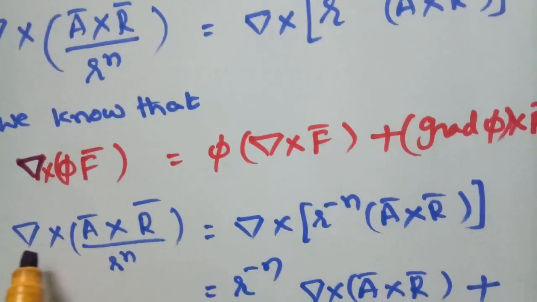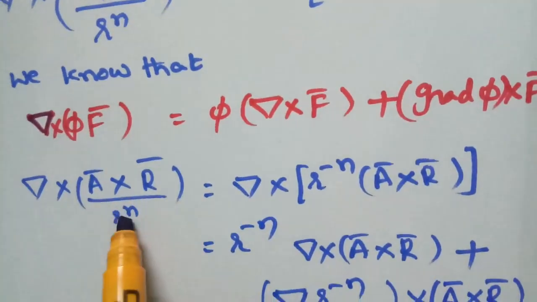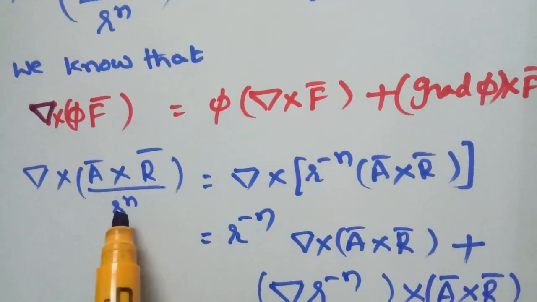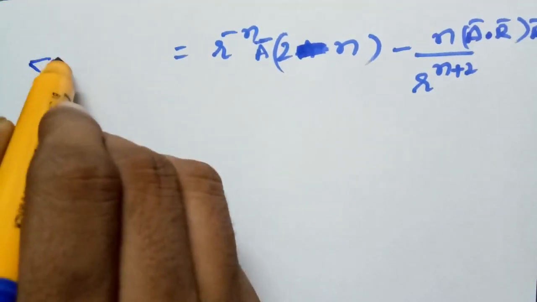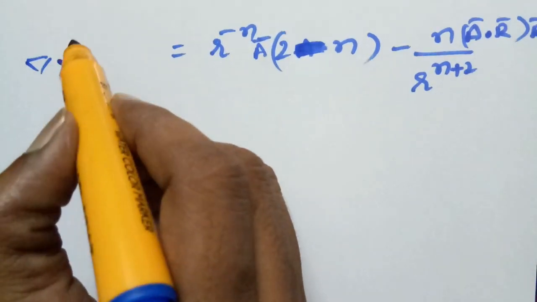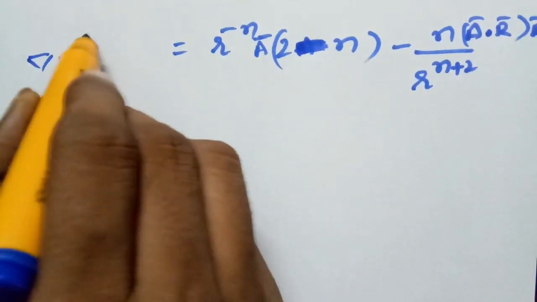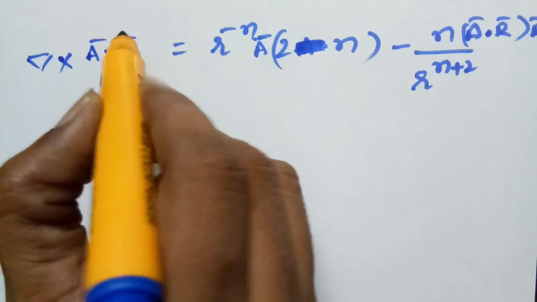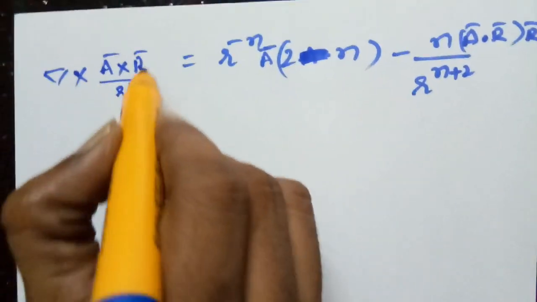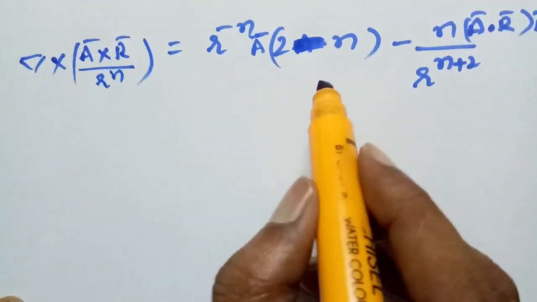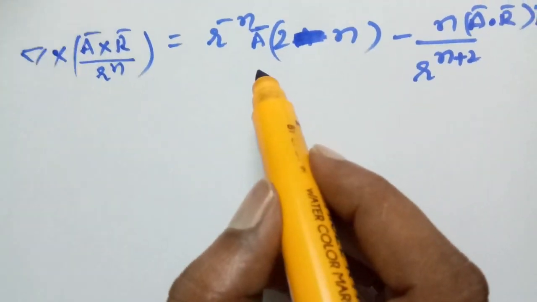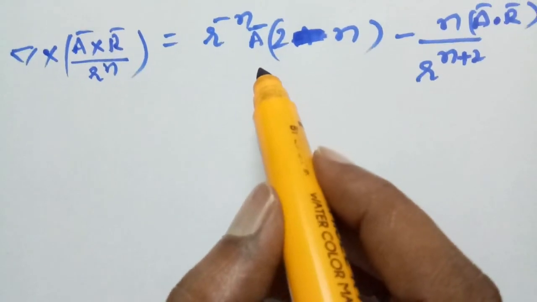Therefore, on the left hand side, we have del cross a bar cross r bar by r power n. Therefore, we get the required answer.